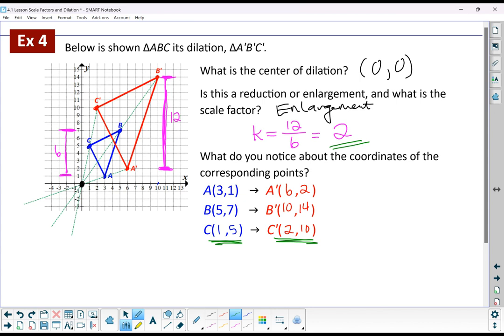So multiplying the coordinate points of the shapes we want to dilate will help us find not just the right size, but also the correct position. Now, this only works for dilations that are centered at the origin. That is one thing to bear in mind: our center of dilation has to be the origin for this to work.